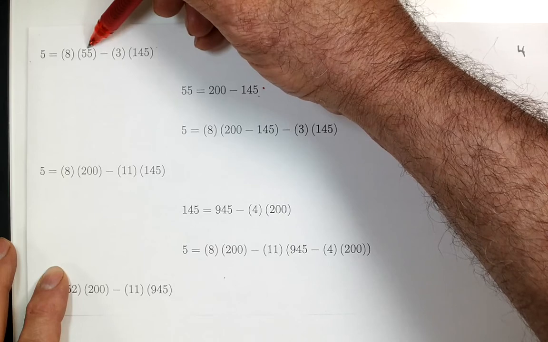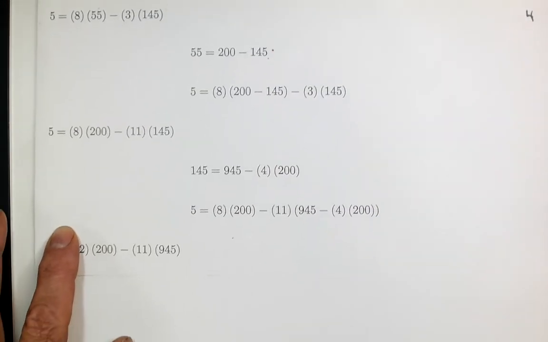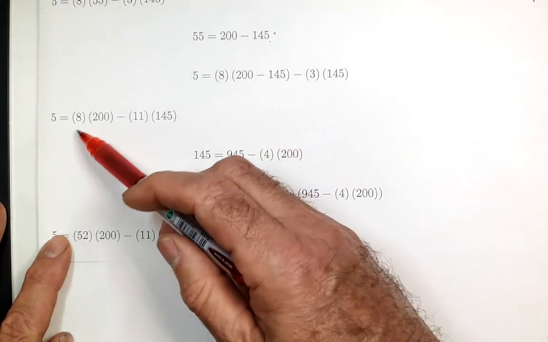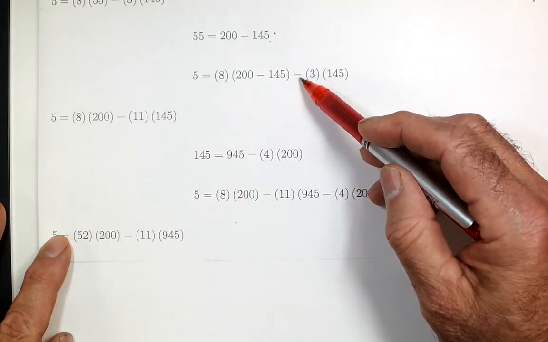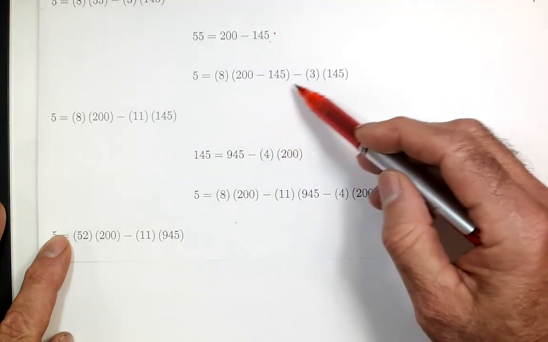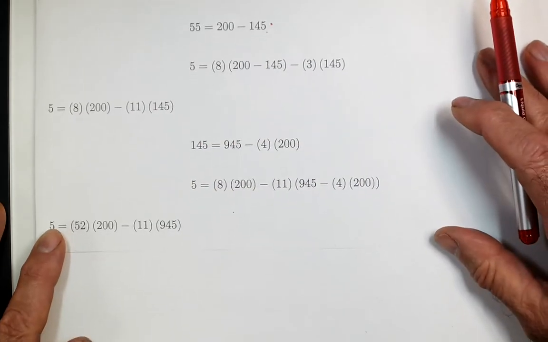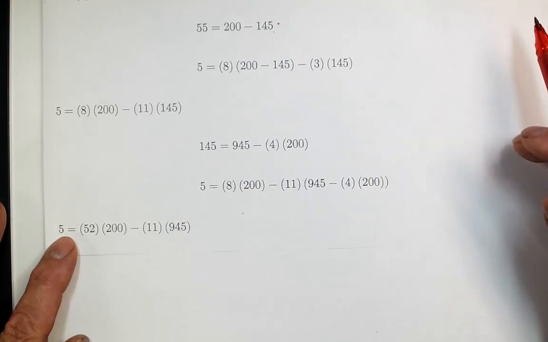And when we do, this 55 becomes 200 minus 145. And then we simplify a bit. Let's say 8 times 200, and we have 8 times negative 145 minus 3 times 145. That's, let's see, negative 8, negative 3, that's negative 11 times 145. There, we simplified the equation, but we've kept the divisors distinct.